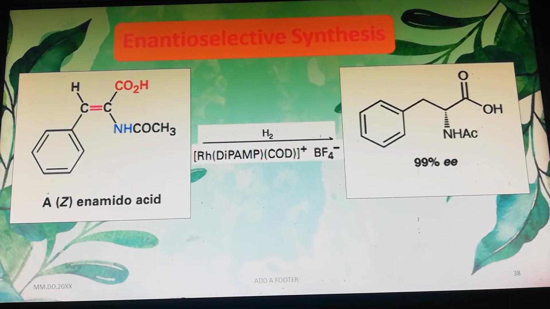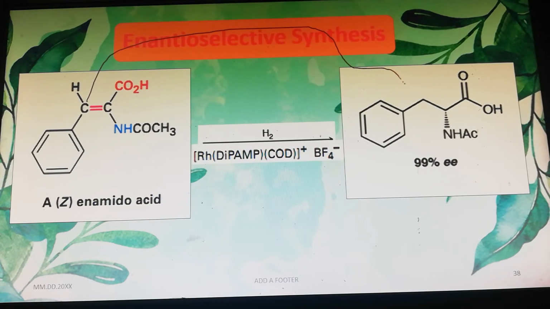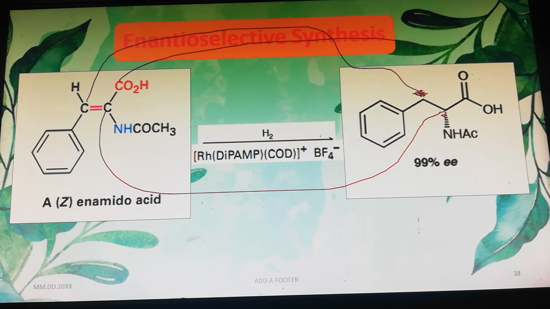We have this enamido acid, and when we hydrogenate with the help of our catalyst, the double bond is broken and becomes a single bond, so an H is added to this carbon.